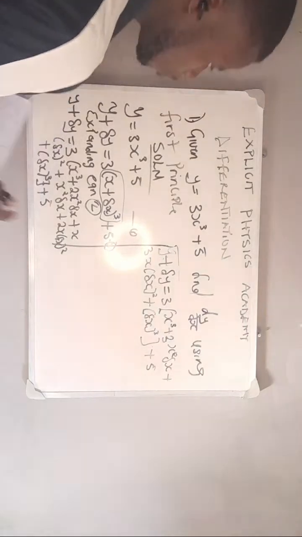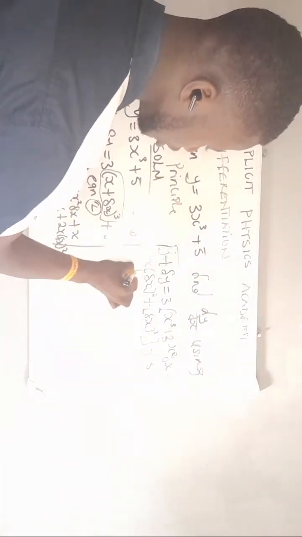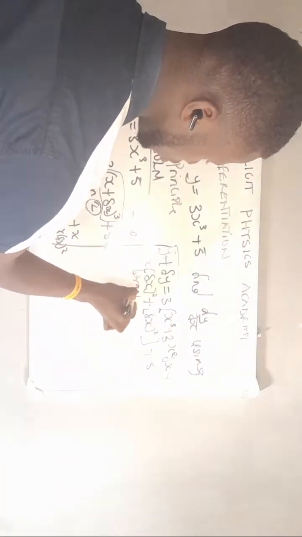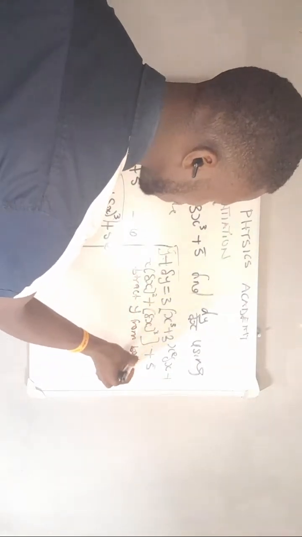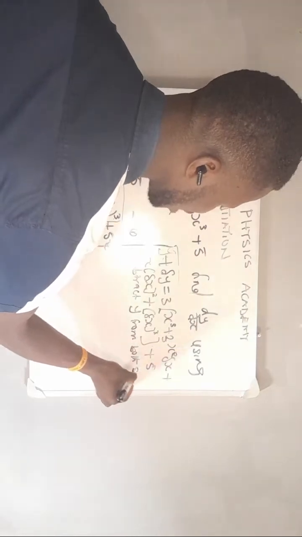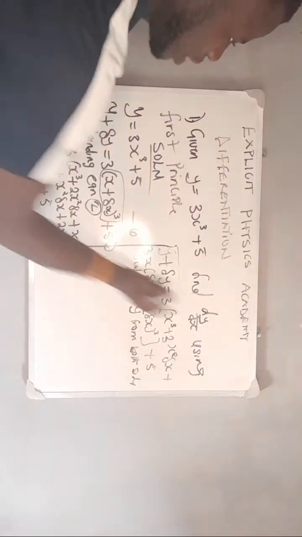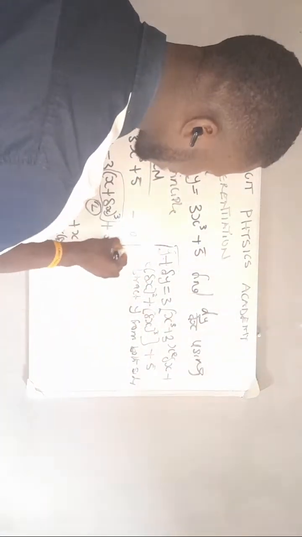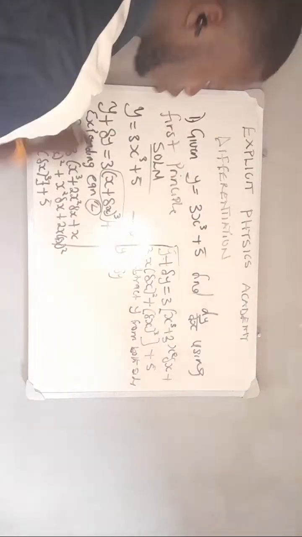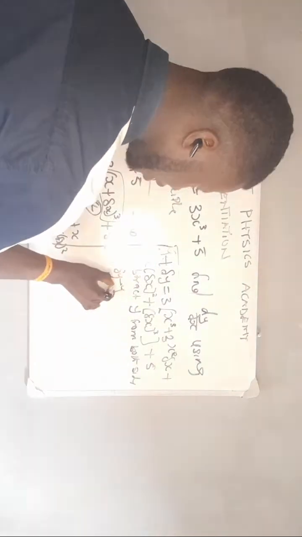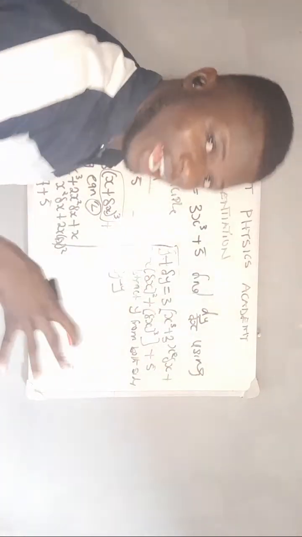Okay, now what do we do? We now subtract y from both sides of the equation, so we can find dy/dx. So we're going to have y plus del y, the initial one we got here, minus y. That's after expanding and adding it.